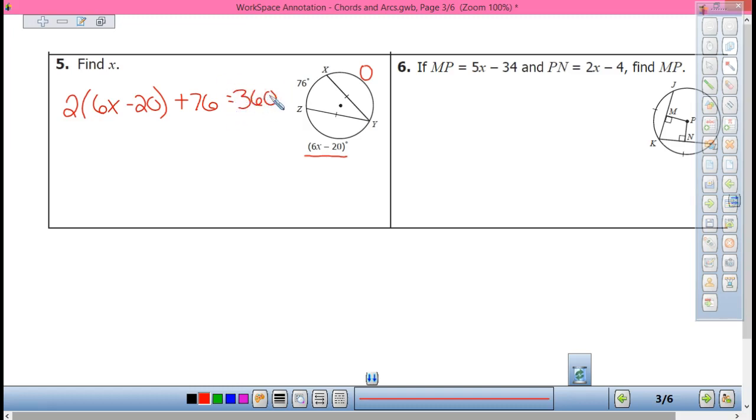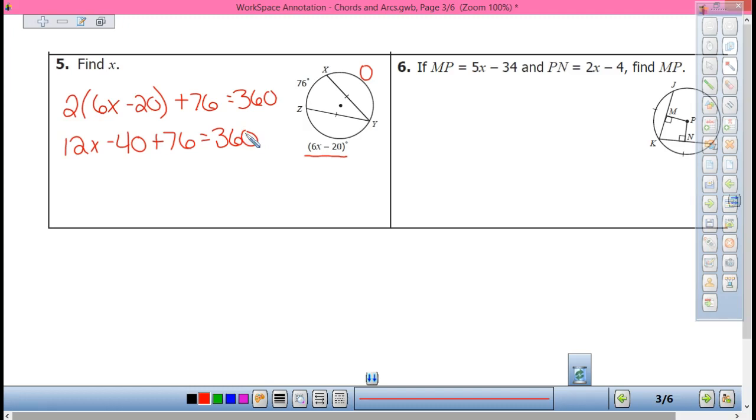Right? So what do we have to do right here? Distribute, so I get 12x minus 40 plus 76 equals 360.